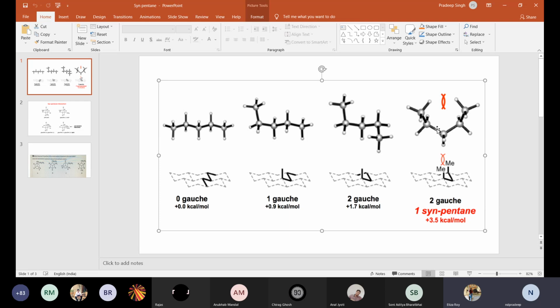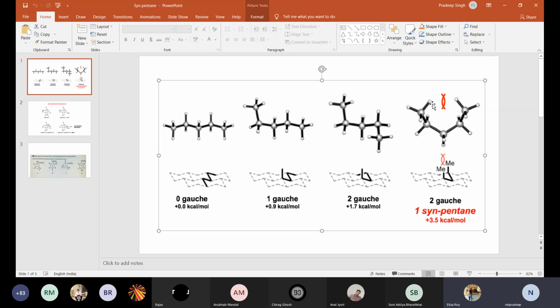So here I can say it is gauche plus, and this gauche minus. Now in this, I should have only two gauche forms, that means 1.8 kilocalories. But still I am seeing 3.5.